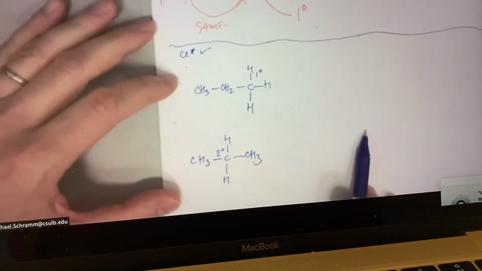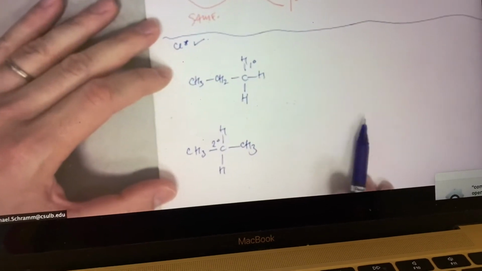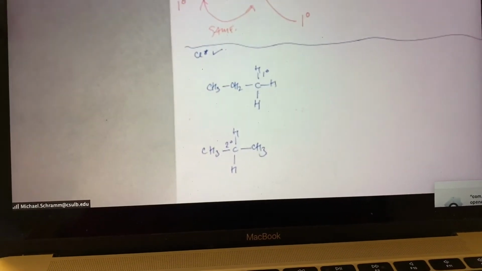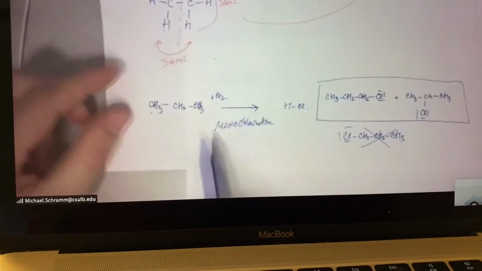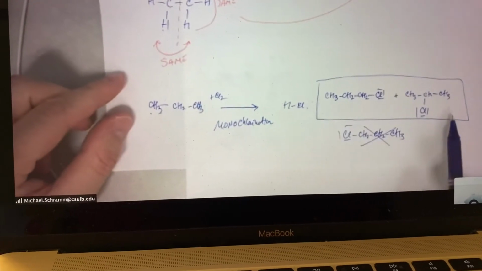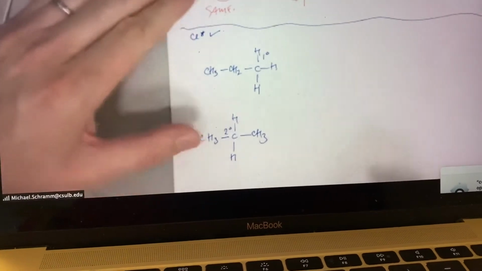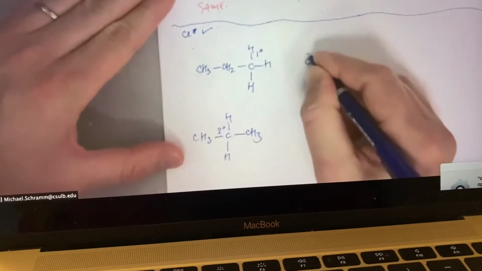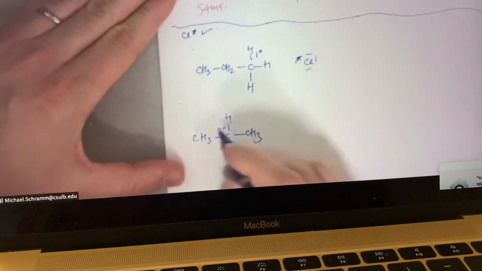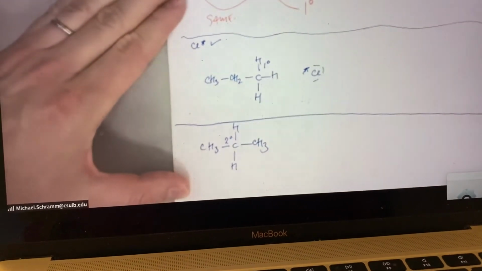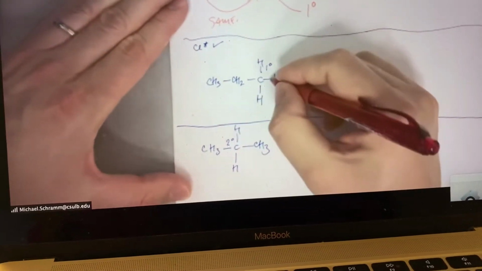And this is how we actually predict those products formally or explain those products on the previous page. I was just asking you to think. Draw in what products you think can result from propane. And these are the products I was hoping you'd get to. But if I asked you to explain the formation of those products, you would take propane, and in a propagation step, we would react it with chlorine radical.